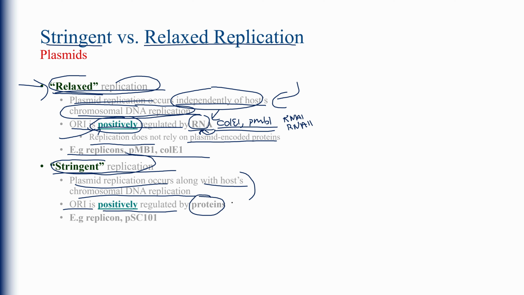An example of this would indeed be the pSC101 replicon, which is found also within the pSC101 plasmid that I showed you earlier. In this case, the pSC101 plasmid would engage in stringent replication because its replicon has positive regulatory molecules that are proteins.